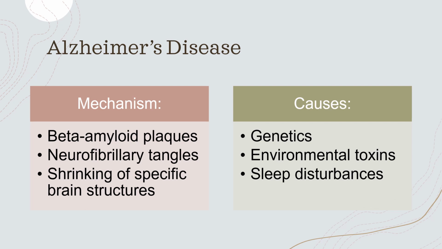But there's kind of a chicken and egg here. I talked about one of the structures that's shrinking with Alzheimer's, the locus coeruleus, which contributes to the sleep-wake cycle. So we're not really sure: is it that the sleep disturbances come first, like maybe someone has really poor sleep habits, they're on their screen late at night, they're drinking caffeine too late, and those things cause sleep disturbances, which then cause issues?